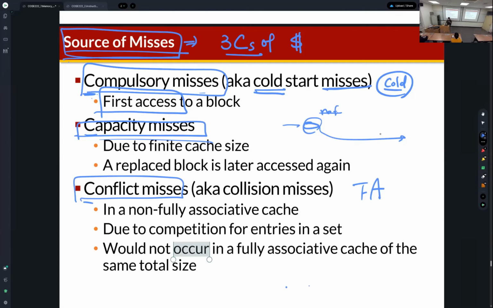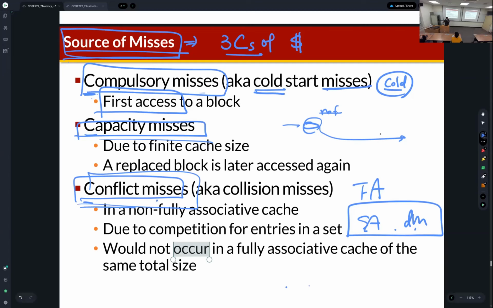But if we use a set associative cache or direct mapped cache, this allocation is limited. So the cache miss rate can be increased. This kind of miss is called conflict misses.